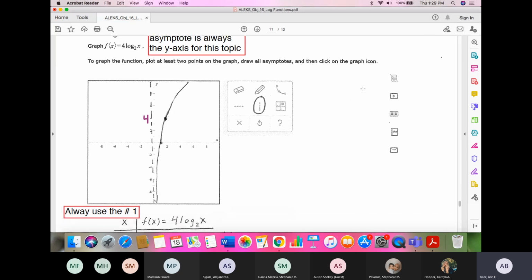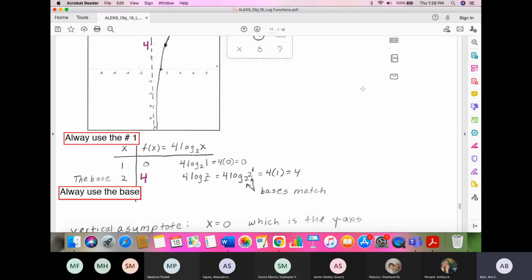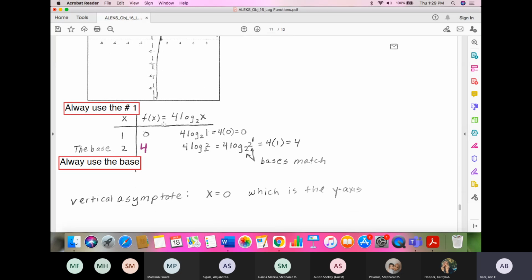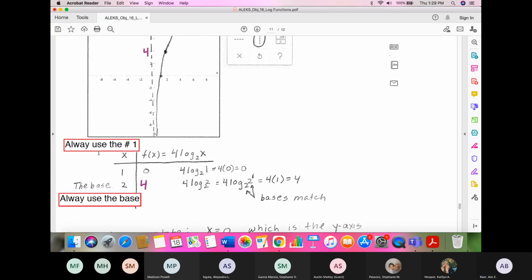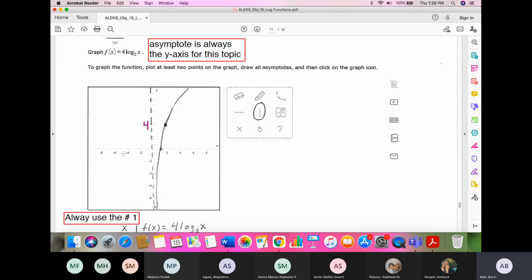So what two numbers are we going to use? We're always going to use the number 1. This is what I would recommend. And you want to use the base as well. So we want to use 1, and we want to use the base.